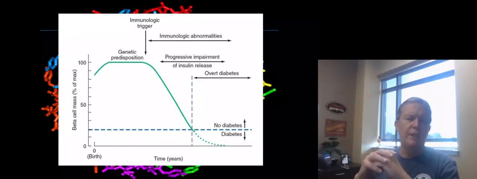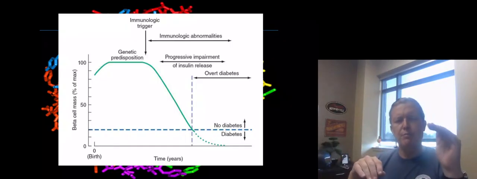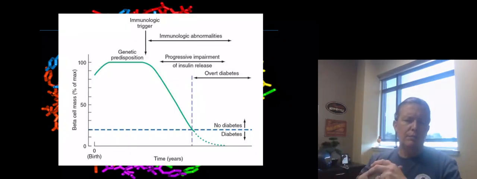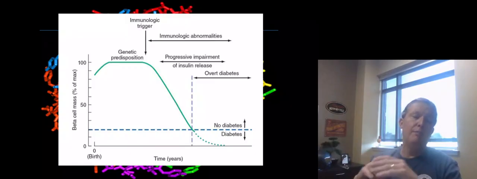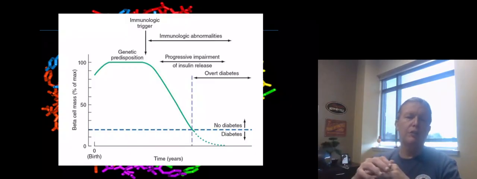You see the number 100, which is 100%, and 50 represents 50% of beta cell mass, and then 0. The bottom axis shows time from birth and then through adulthood.